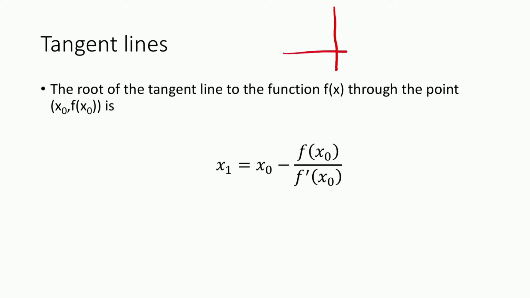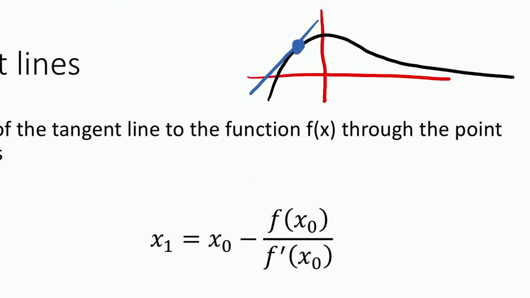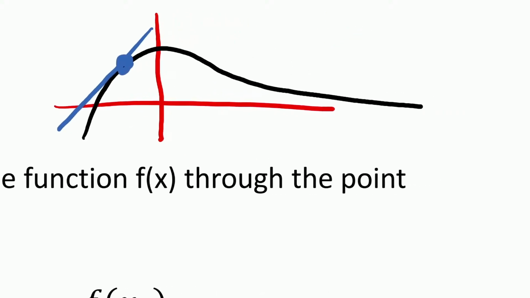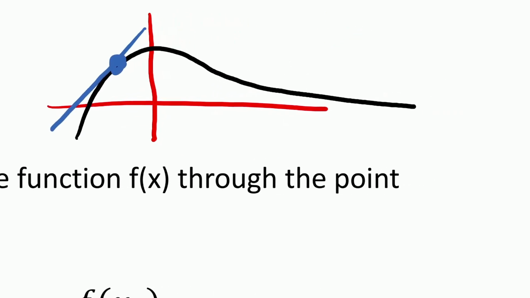Just to give you, I know I did this probably on the video that I did for you from the hospital, but if you have something like this function, and you're looking for the root, if your guess is over here somewhere, then you're going to be in good shape, right? Because the method is you find the tangent line and you follow that tangent line until it crosses the x-axis.